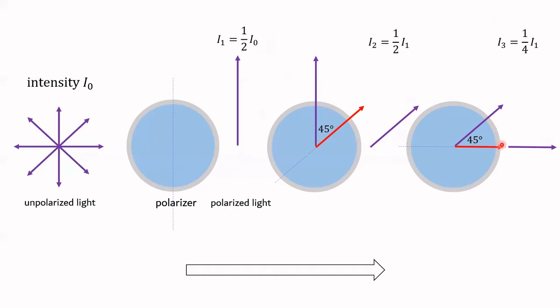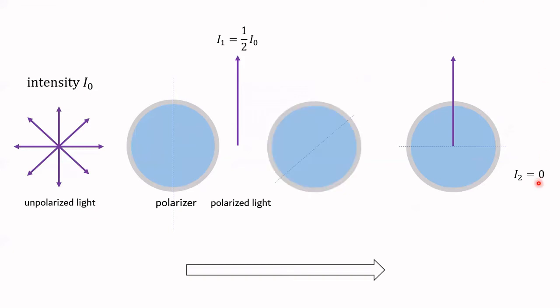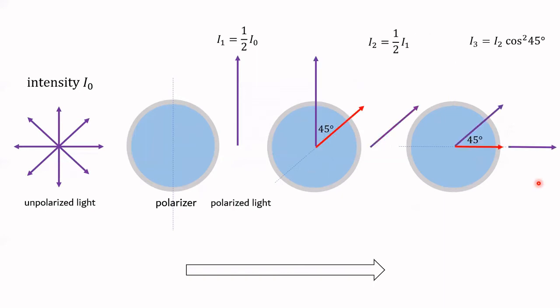In each case, the angle theta that you would use is 45. And we find that we're down to 1/4 the intensity, which is better than none, right? If I go back to this situation, two crossed filters with nothing in between, the transmitted intensity is 0. So sticking that third filter in is still a big difference in the transmitted intensity.